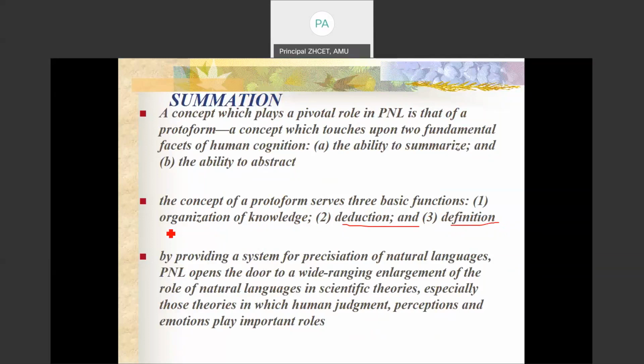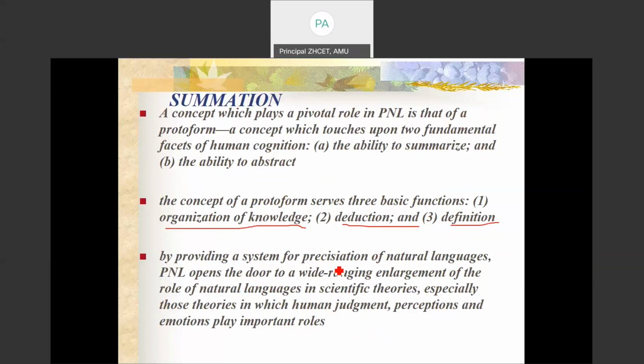Knowledge is better organized. I can do deductions, like deducing that I'm talking about the speed of his son, or that the cost of calls to Germany is the cost of calls to Spain plus a little more. And definition: what is X? X is A, right? So it talks about definition also.